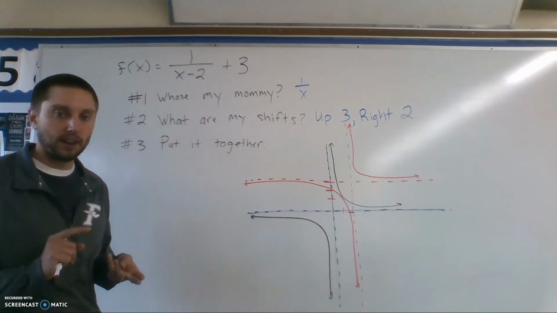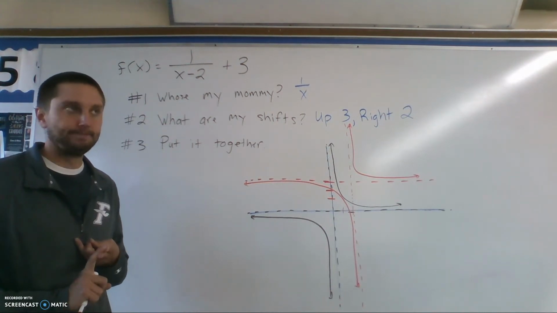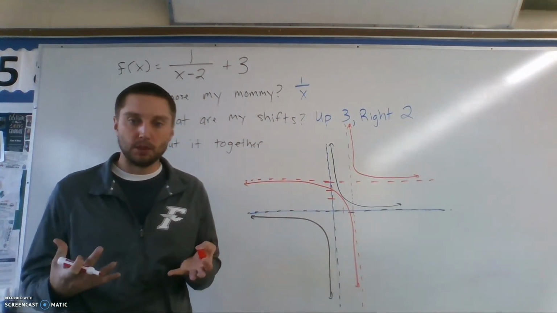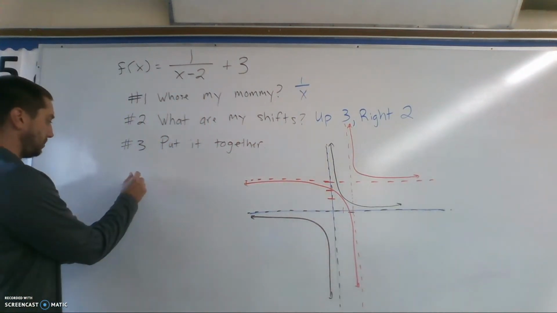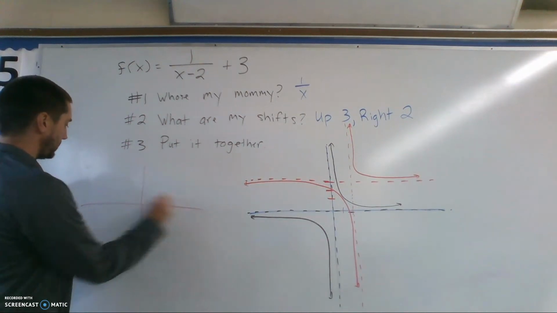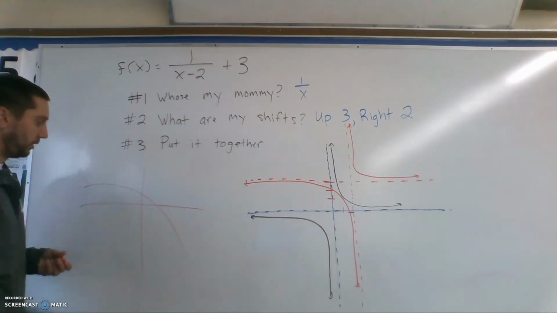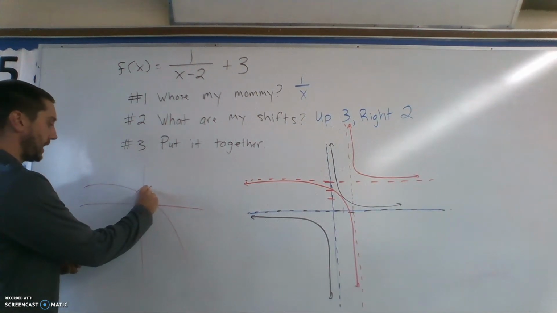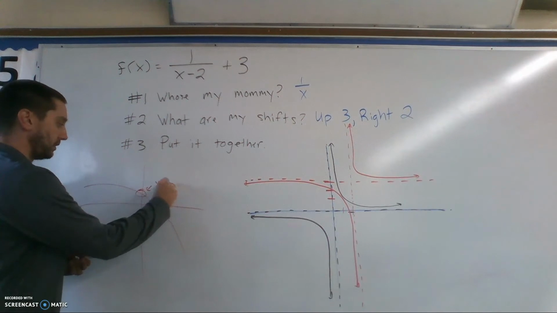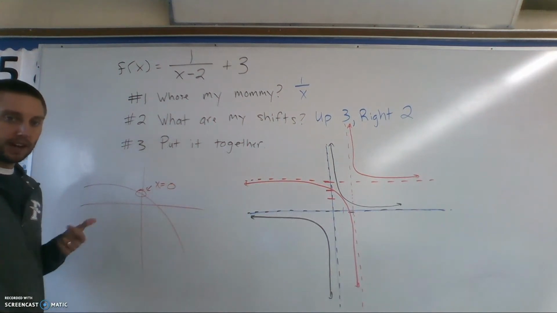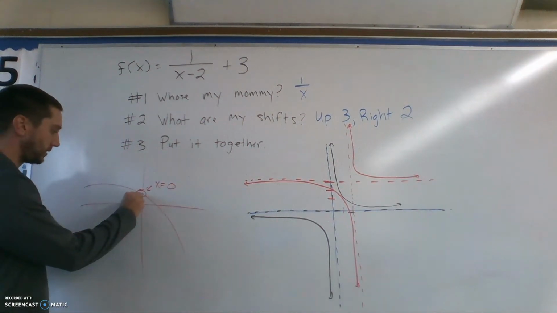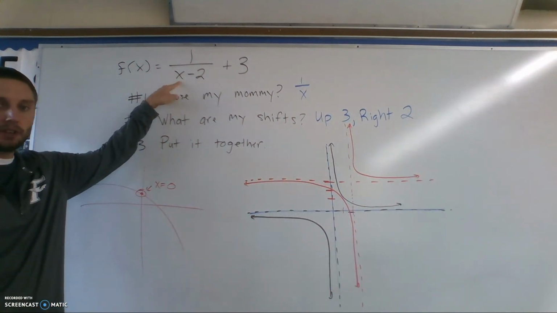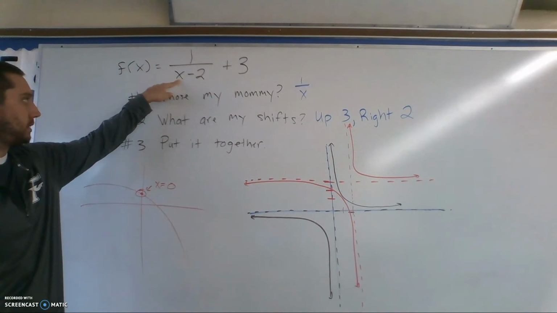All right, now, if I want to take this a step further, let's be all-star students here. How could I find an x-intercept, and how could I find a y-intercept? Okay, so think about this. Y-intercepts. What do we know about any y-intercept ever in your entire life? Every y-intercept happens when x equals 0. Right? So to find my y-intercept, all I'm going to do is plug in 0 for x.